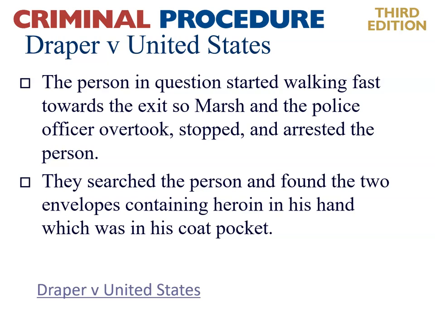Number 2, to be able to understand the difference between the Aguilar-Spinelli test for evaluating whether the police may rely on an informant and the totality of the circumstances test. So basically, we're going to compare the Aguilar-Spinelli test for evaluating police informants and the totality of circumstances test.